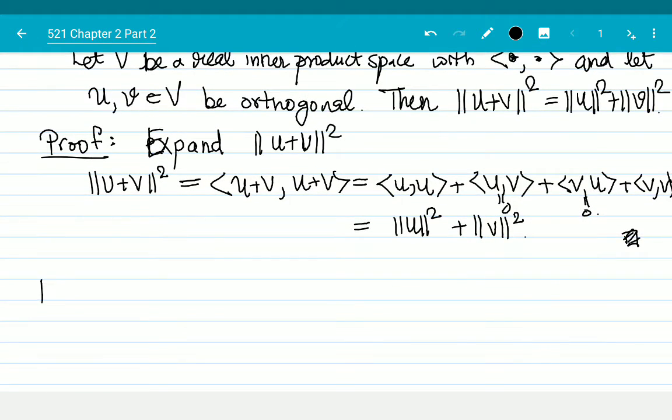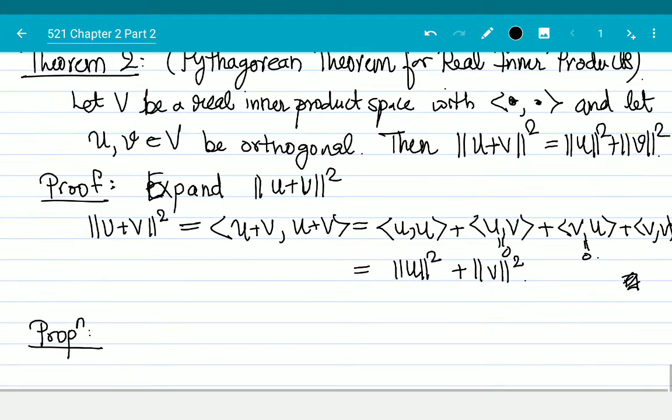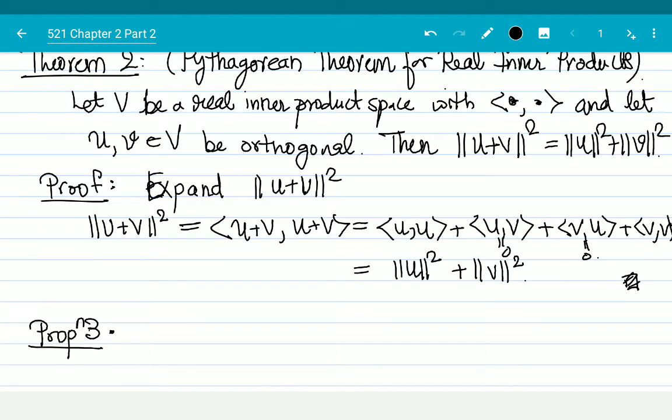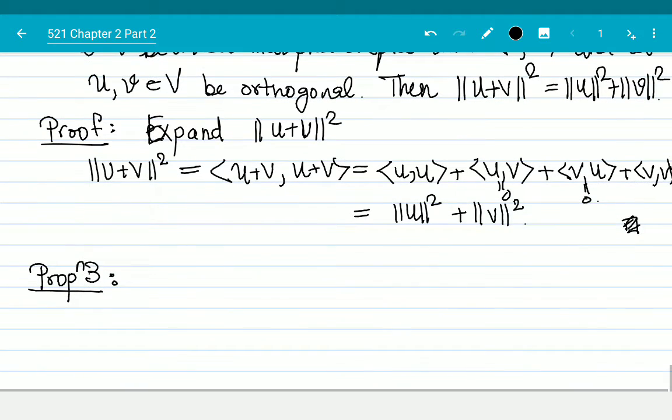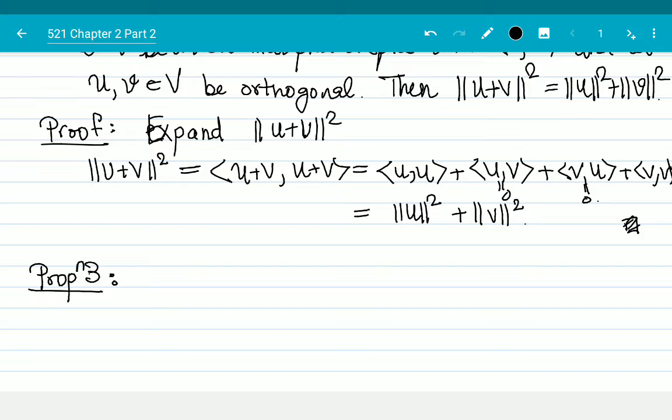Then proposition. Let me just say this is proposition 3: existence of orthogonal projections.